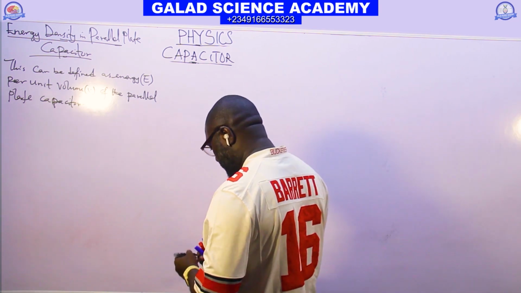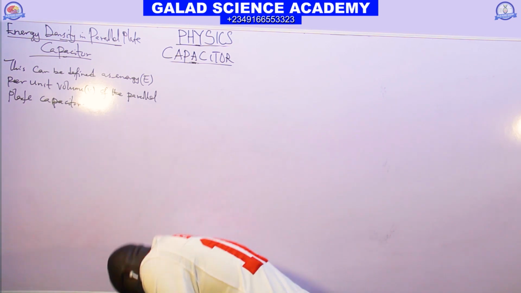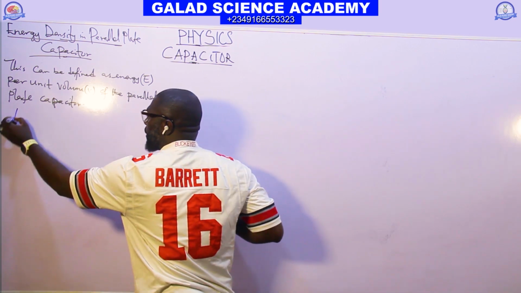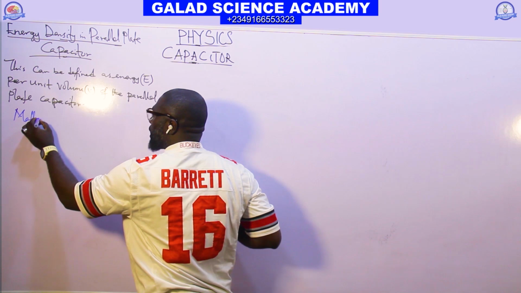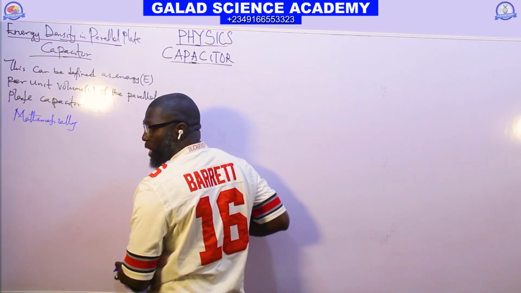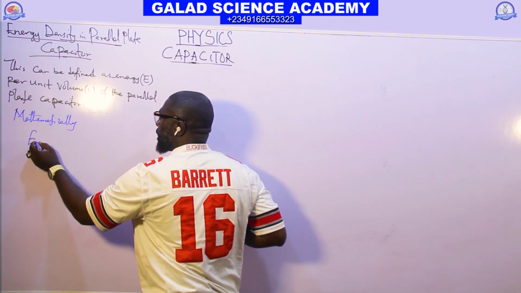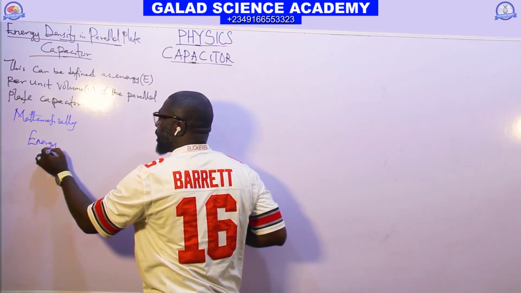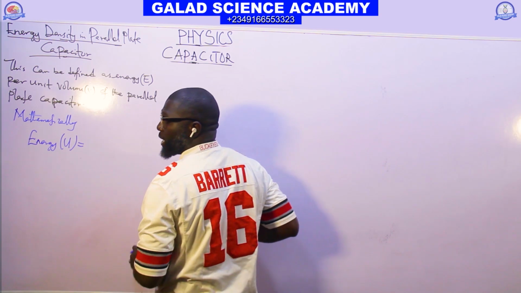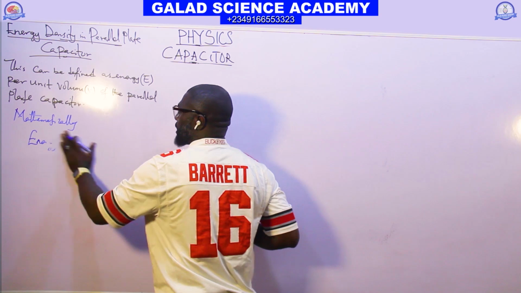So mathematically, we can have it in this form. We use U to denote energy density.